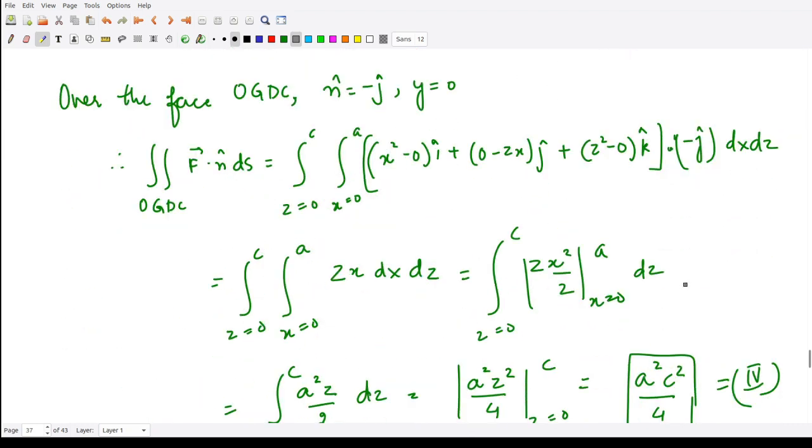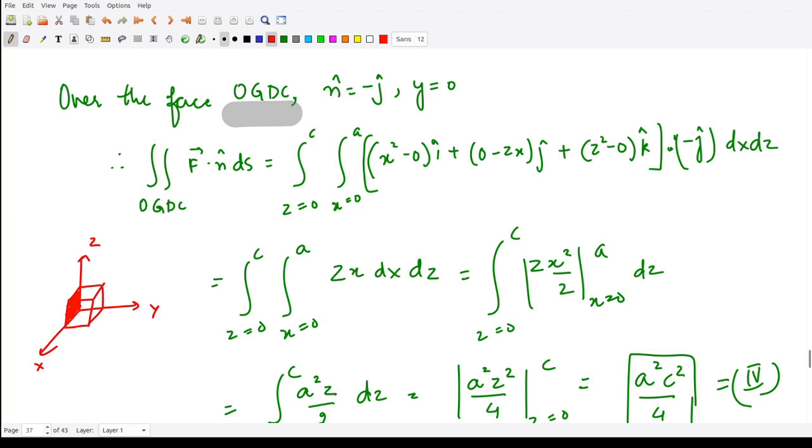Next, let us discuss this for the face OGDC. Let me draw it again once more. So this is our parallelepiped, and here we are talking about the face OGDC, right? Here this is z axis, we have x axis and y axis.